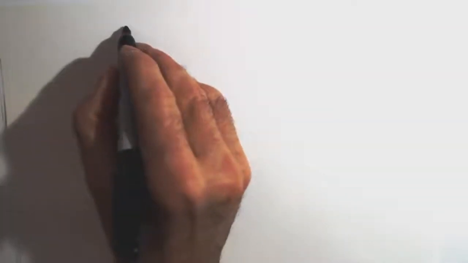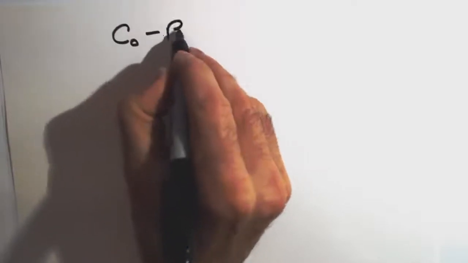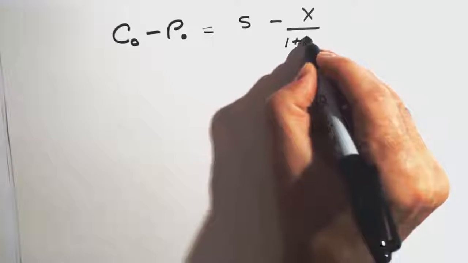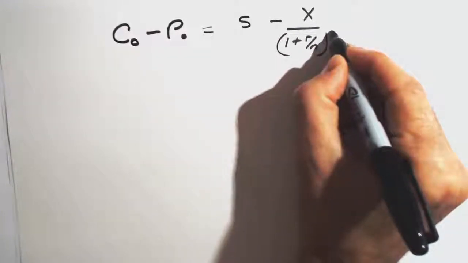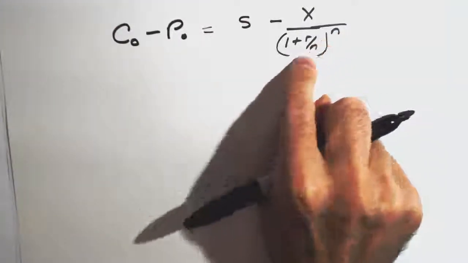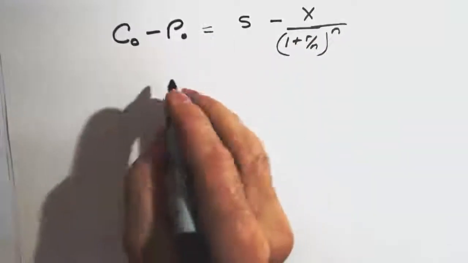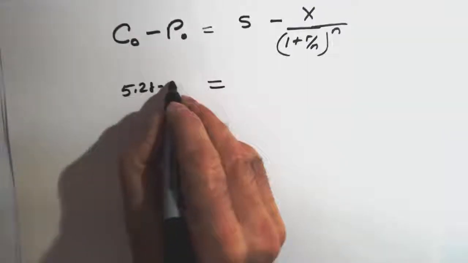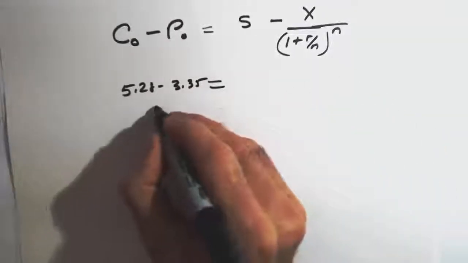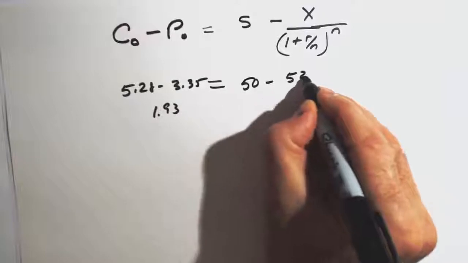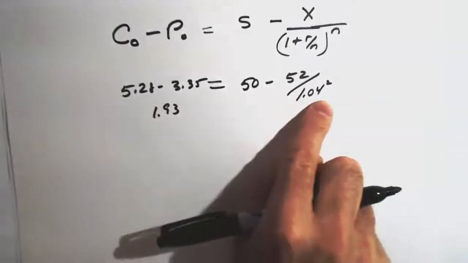So the way we check is put-call parity. The call minus the put, because we just calculated those two, and we have the stock price, and we know what the strike is, and we know what the risk-free rate is, and we know the number of steps involved. There are 2 steps, 2 periods, n equals 2 in this case. So we have all this information. Does this side equal this side? If it does, put-call parity works. This equals $1.93, the difference between the two option values. 50 minus, see the 1.04 squared?